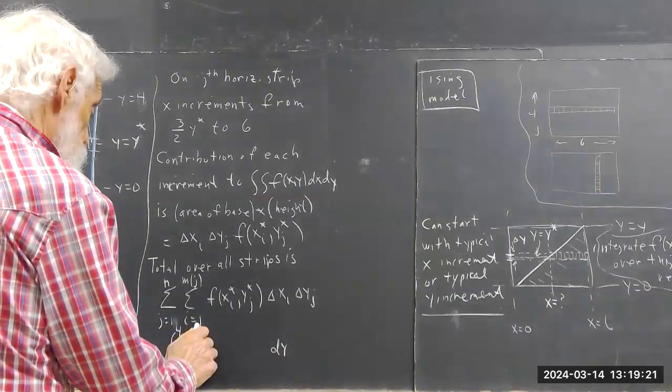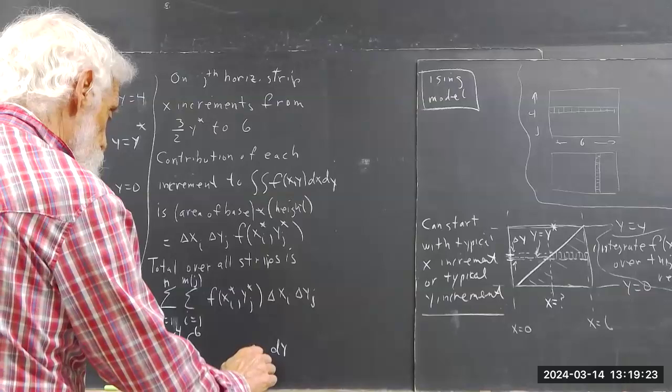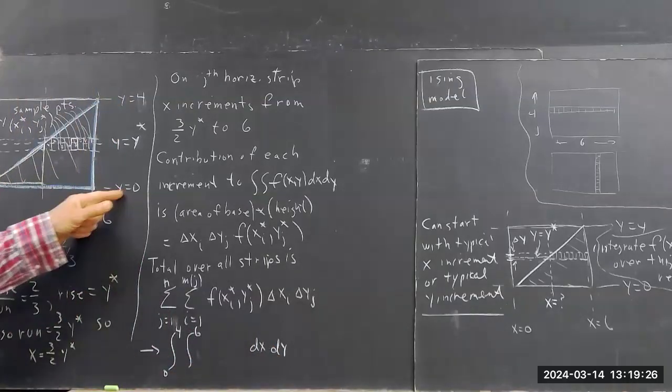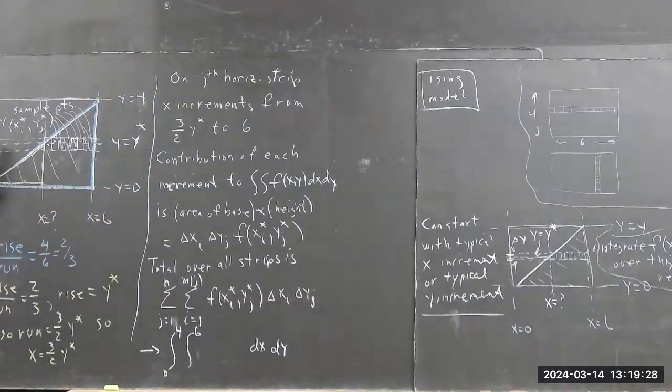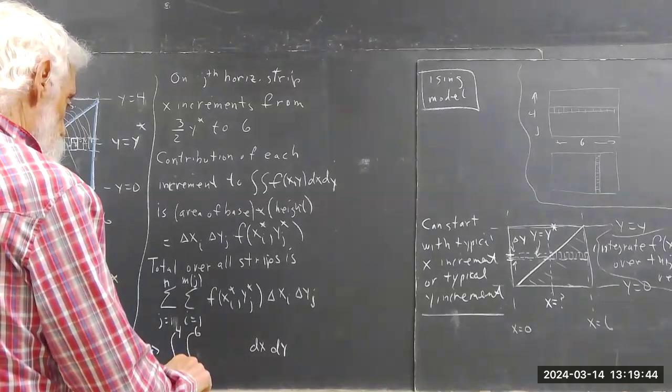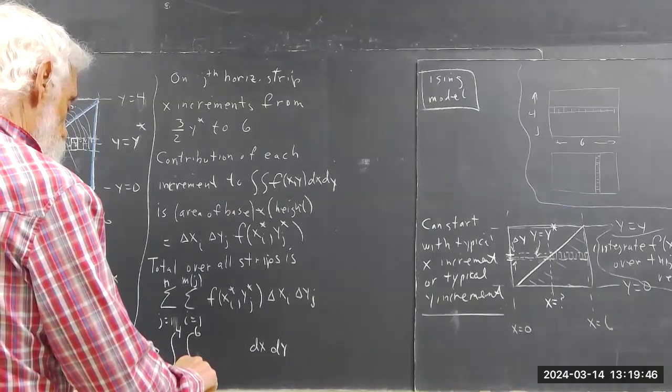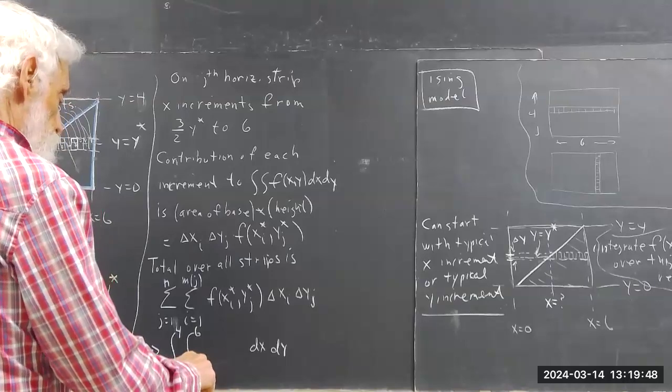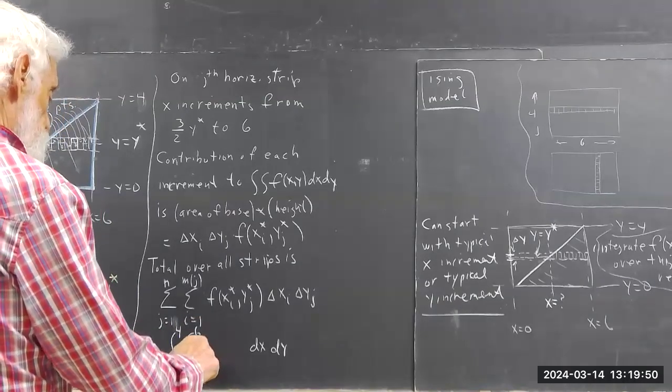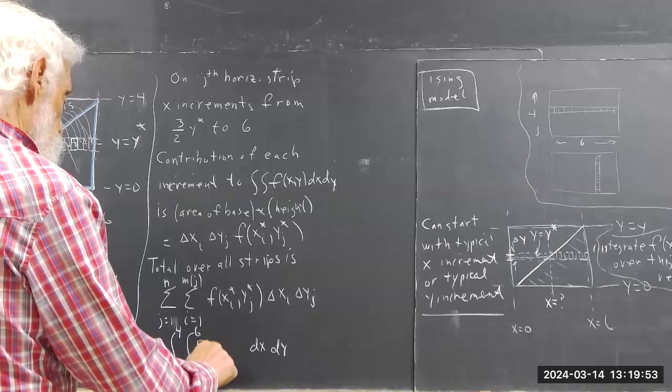The upper limit on x is always going to be 6. But the lower limit on x depends on which j strip you're in, and we've already determined that the j strip you're in runs from 3/2 y to 6. So this is going to have to go 3/2 y to 6, whatever you're on the edge.